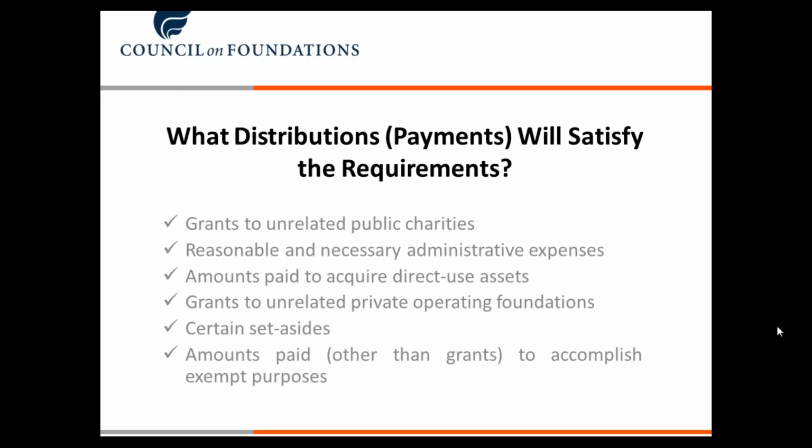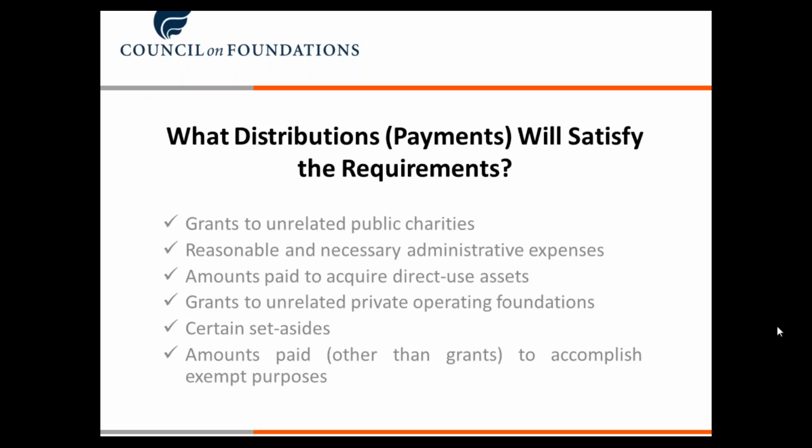So basically the key things that will help you satisfy your distribution amounts include grants to unrelated public charities. That's the easy one. You as a private foundation, I'm sure, make grants to other unrelated public charities, and by unrelated I mean they're not related to your private foundation.